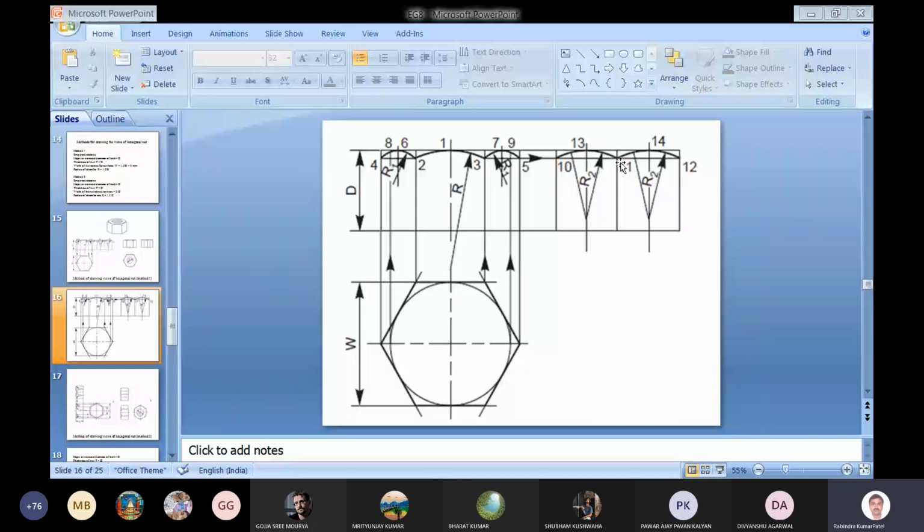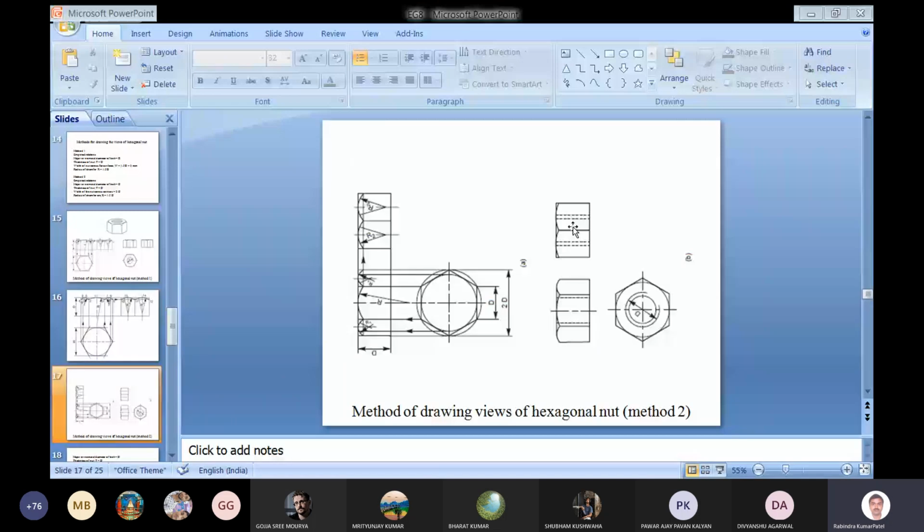So 3 points are there on the arc, then we can locate the center, and after that draw the arc. In this way we can complete this side view. We will get the complete side view like this. This is related to the second method, but the procedure is the same, only the dimensions are different.